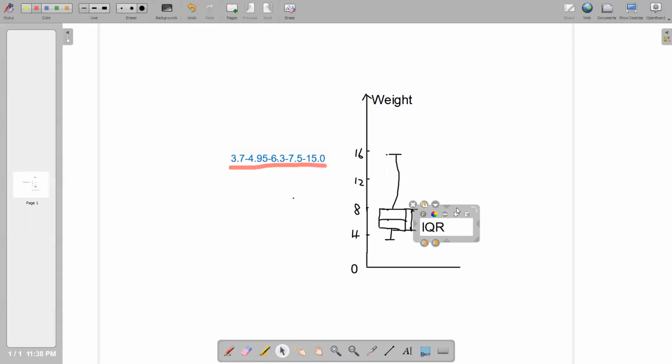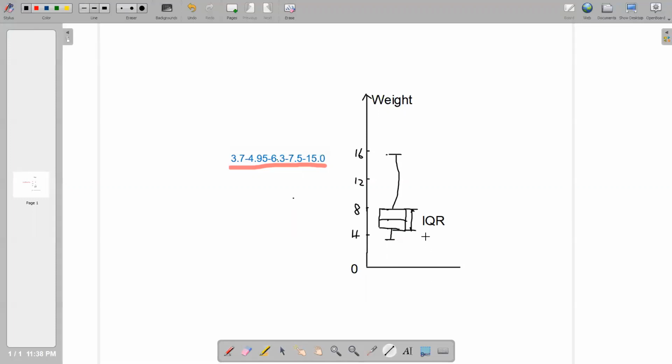So what is an outlier? Outliers are points that are far away from the center. The middle box is 50% of your data. If a point is far away from either side of your center, it's an outlier. The question is, how far away?